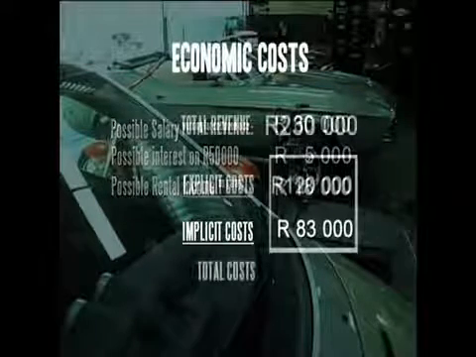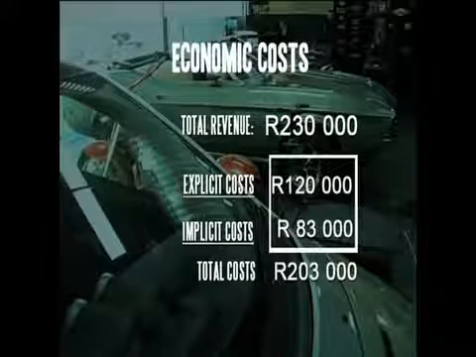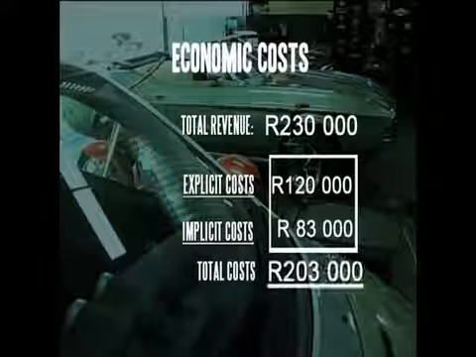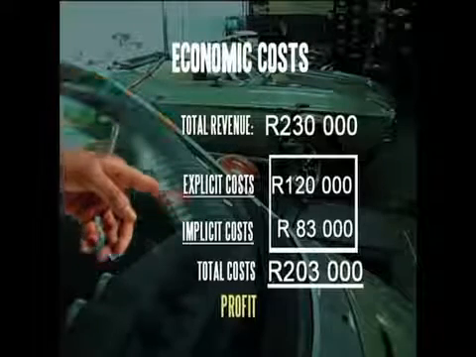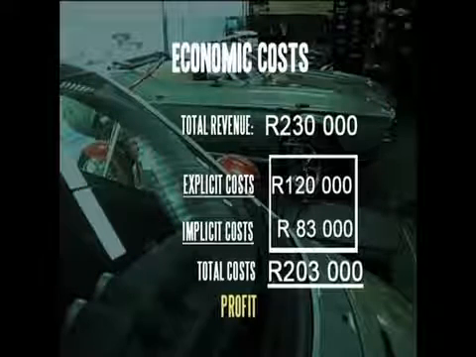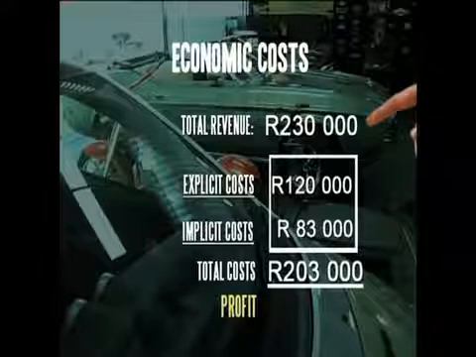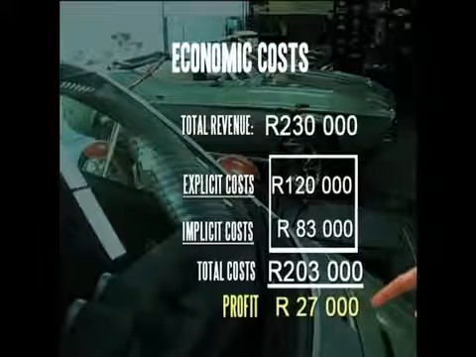So your total costs, explicit and implicit, amount to 203,000 Rand. The profit calculation is now total revenue minus total cost, that's explicit plus implicit costs. That's 230,000 Rand minus 203,000 Rand equals 27,000 Rand.